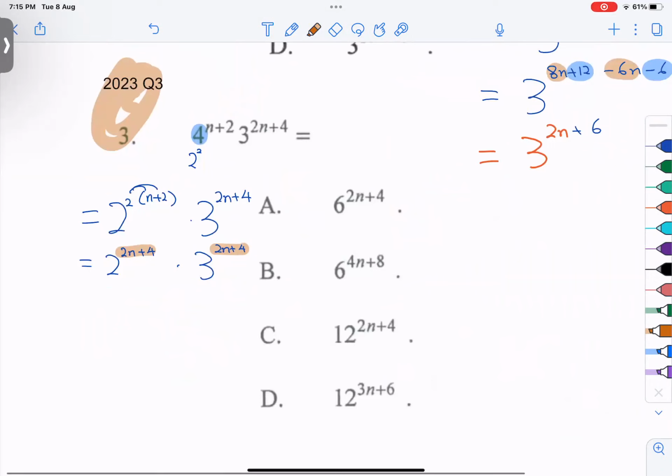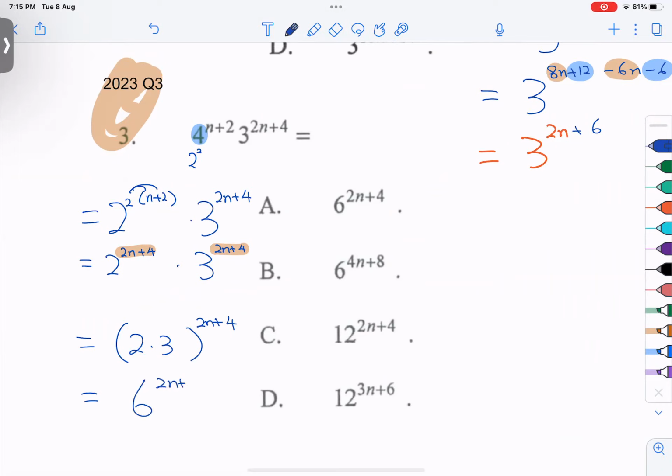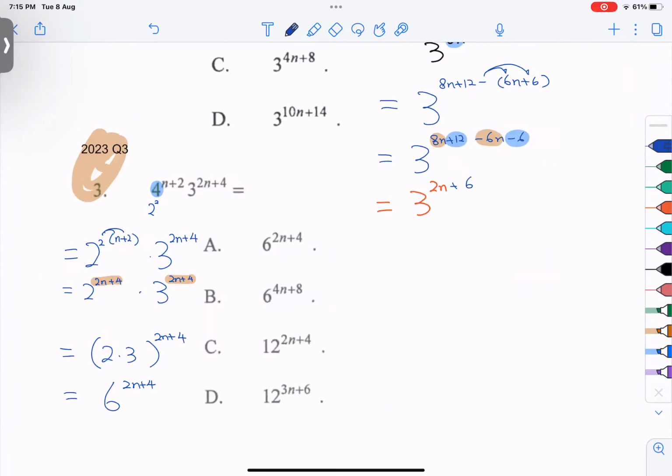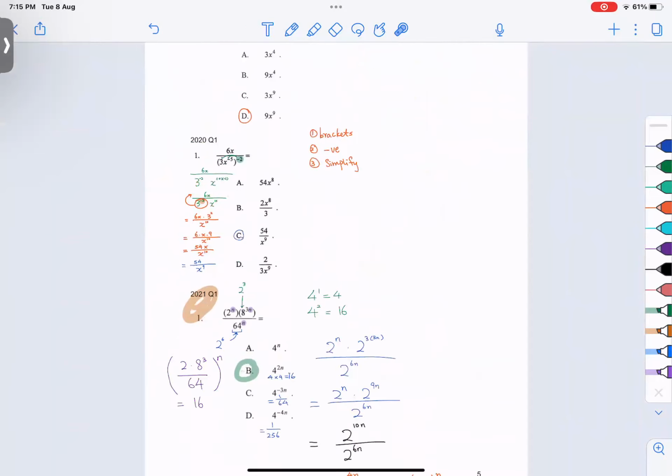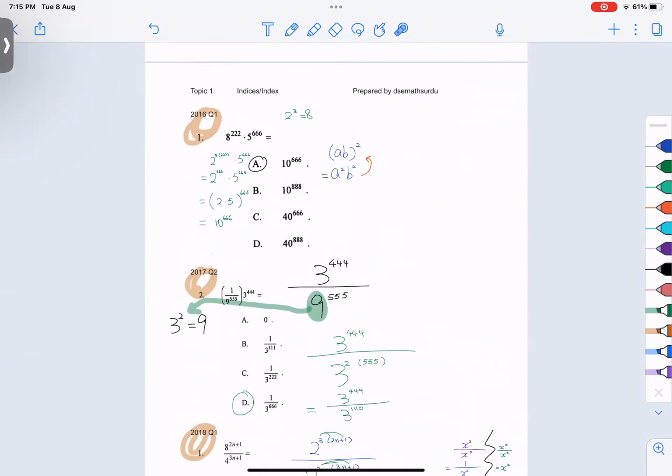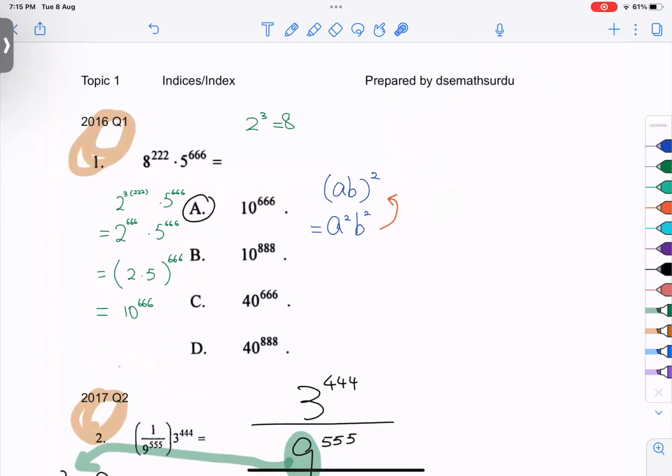So you can take the powers out. You will have 2 times 3 in the middle and then everything on top. 2 times 3, 6. So you will notice that this question is very, very similar to the question here. Change the numbers. The powers are the same. So take it out and then just match.